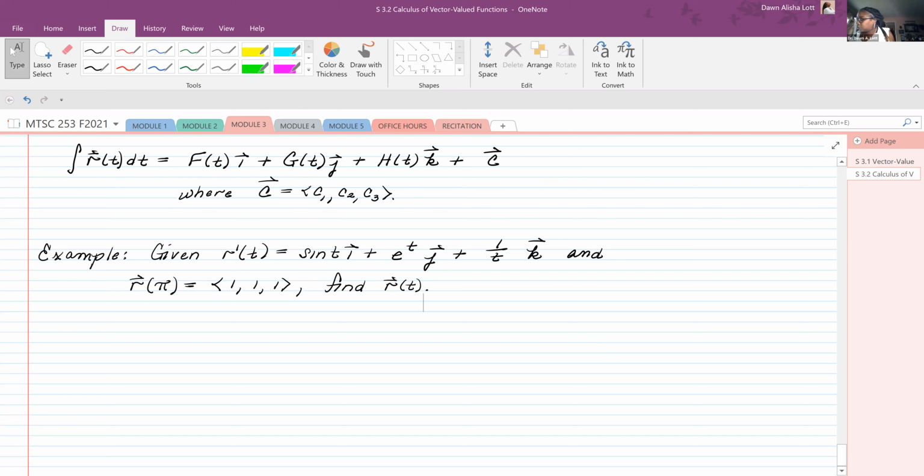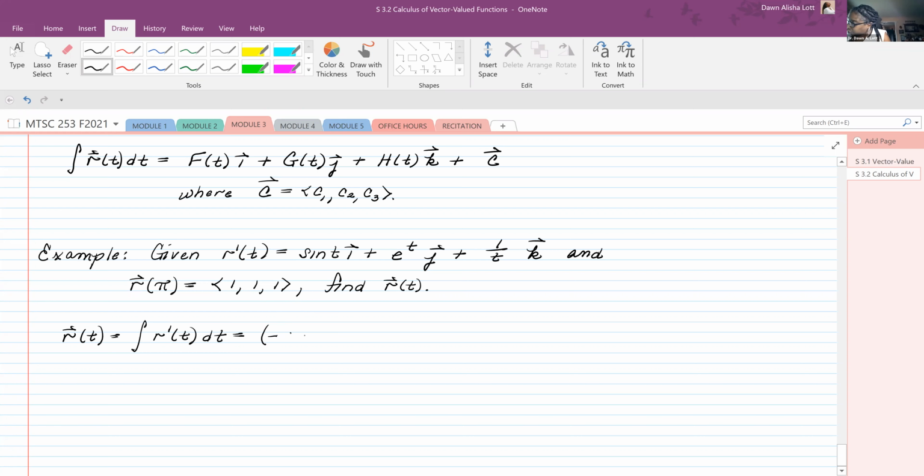Okay, well, I know r prime of t, so I can integrate it to find r. So r of t is the integral of r prime of t dt. And when I integrate that, the integral of the sine is minus the cosine.